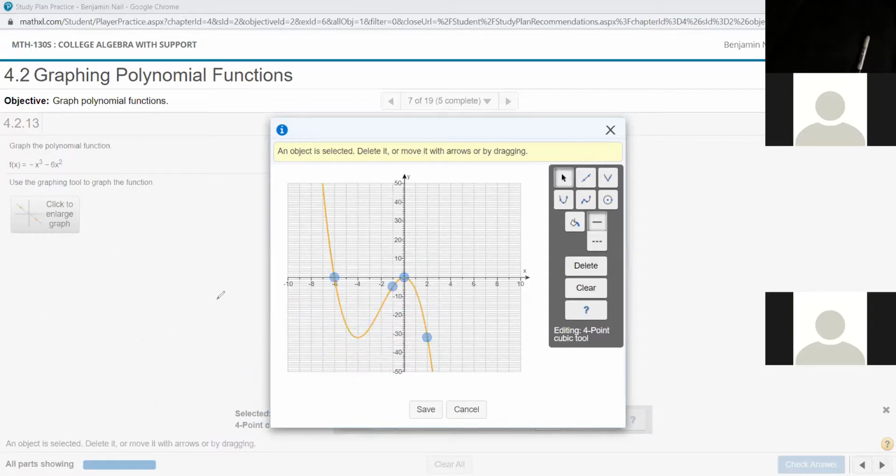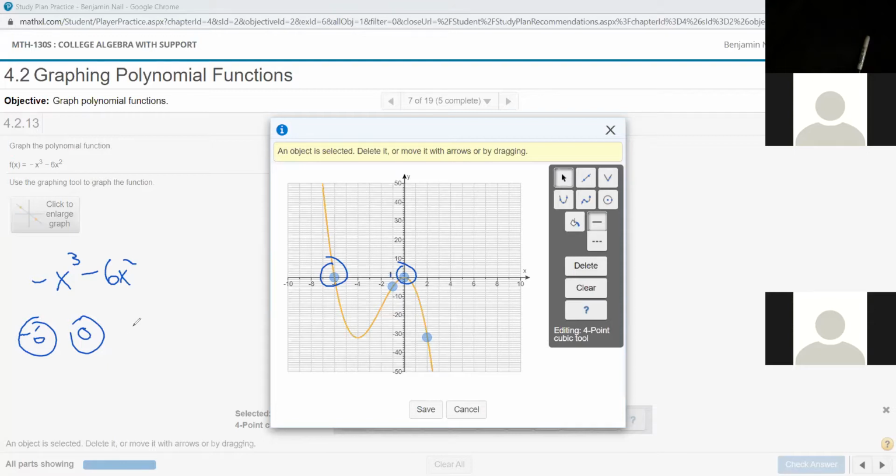Clear my drawings out of the way. So again, just to walk through exactly what I did. So that -x cubed minus 6x squared, we found my zeros at -6 and at 0. That's why I plotted those 2 points. I needed to find 2 others to make sure my curve was right, so I just picked a point in between.